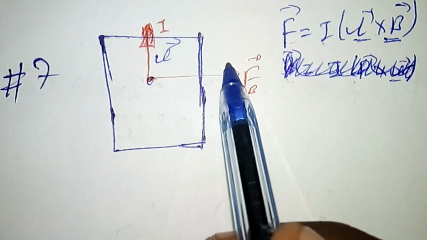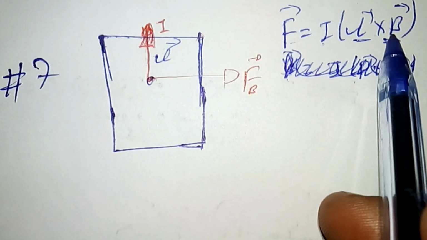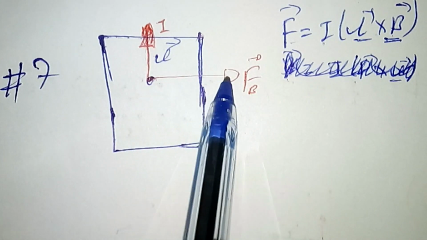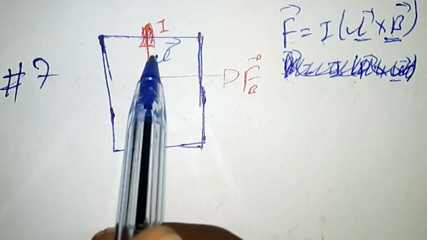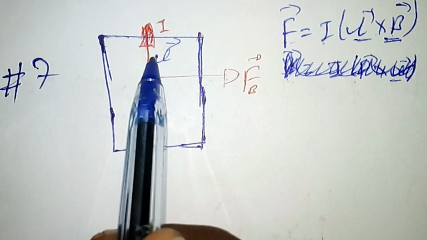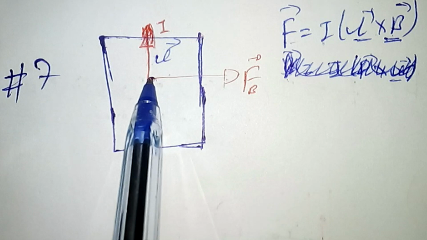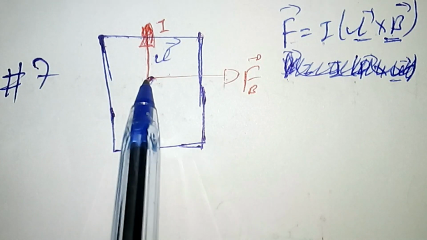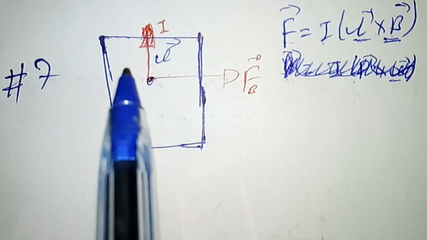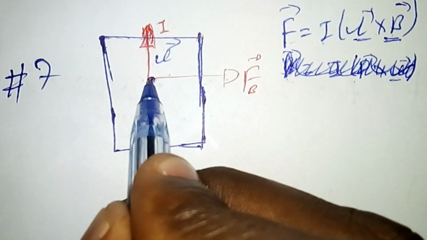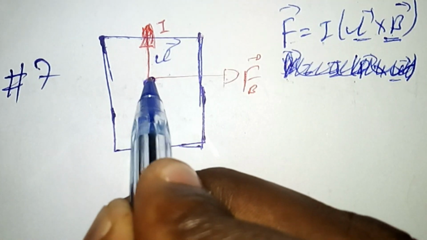So the direction of the magnetic field which is causing this force is perpendicular to both the force and the length of the wire, or the vector length. So if we cross these vectors together, we get the vector perpendicular to both of them. So it is out from the plane, and out from the plane is indicated by the dot.